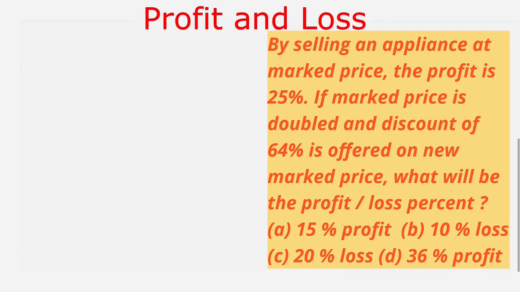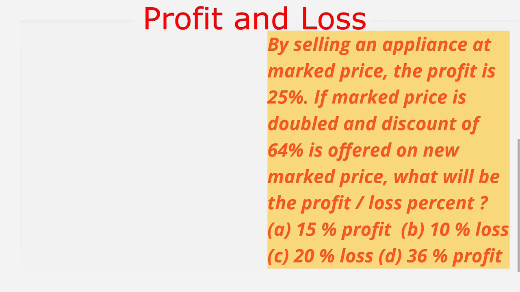Now we are receiving 90 while our cost was 100. It means that we are receiving 10 less than 100, and 10 on 100 is 10%. So there will be a loss of 10%, which is our option B from the given options.